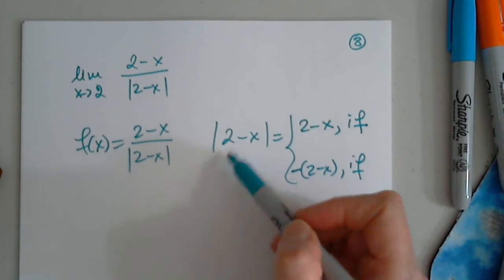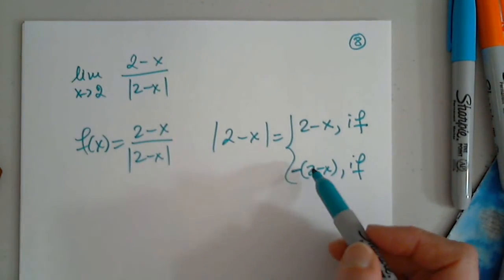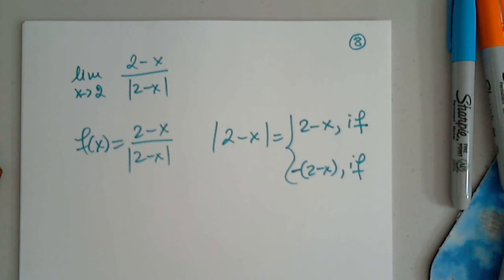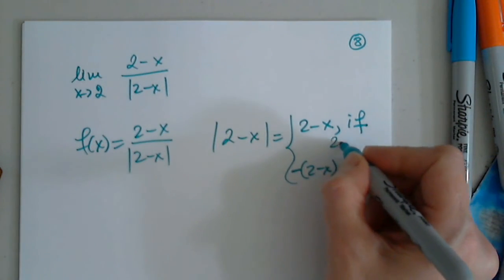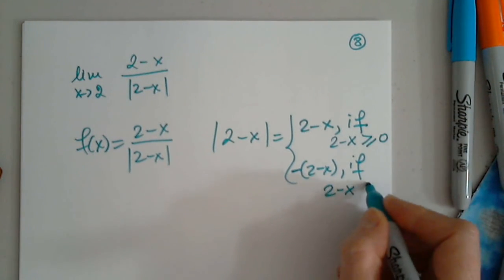So the absolute value of x is x if x is positive. The absolute value of x is negative x if x is negative. But what do I have to write now? It's going to be 2 minus x greater than or equal to 0, or 2 minus x less than 0.